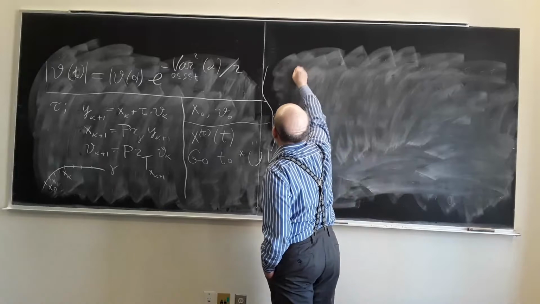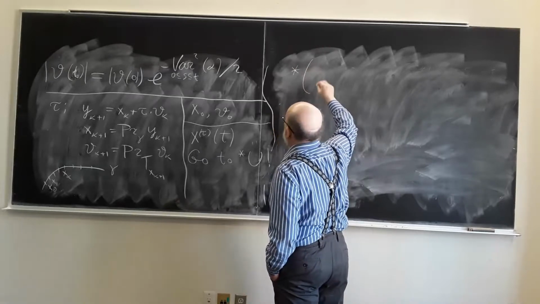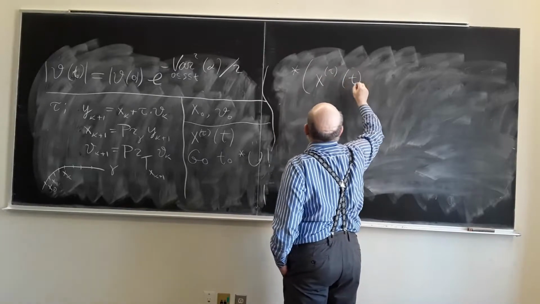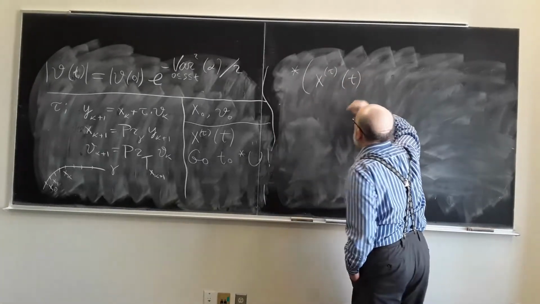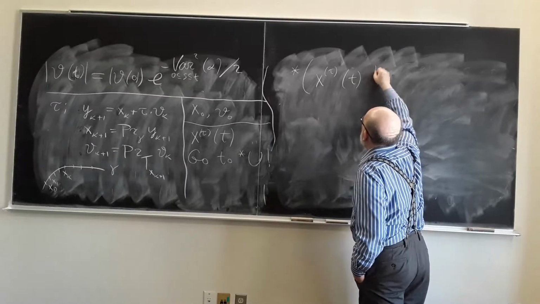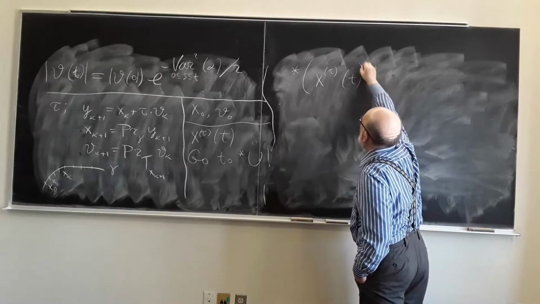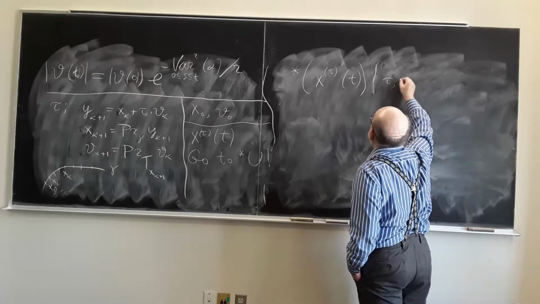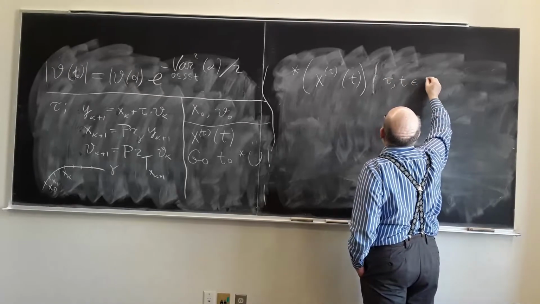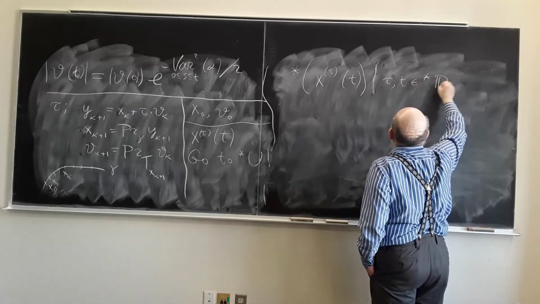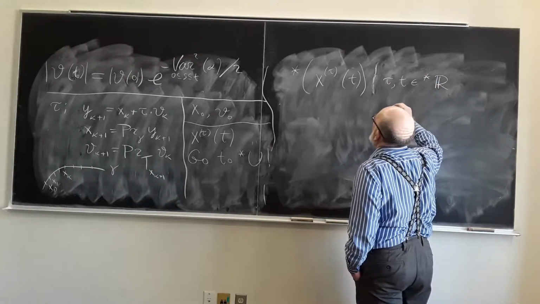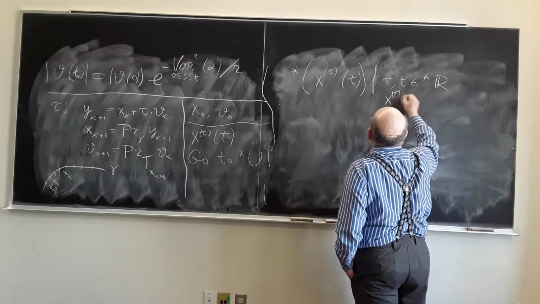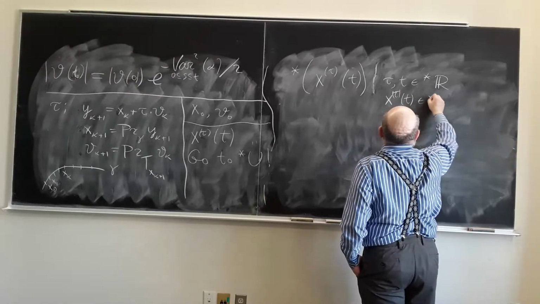Then you have the star of this function x_tau of t, where tau and t belong to star R, and x_tau of t belongs to star gamma.